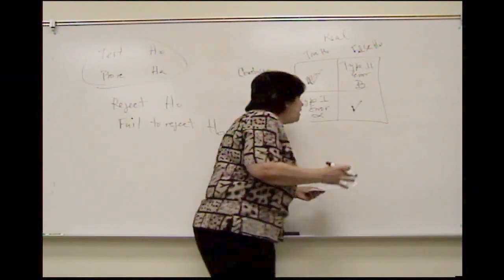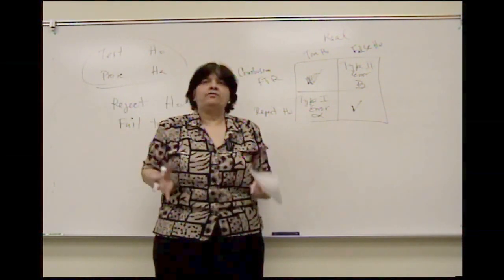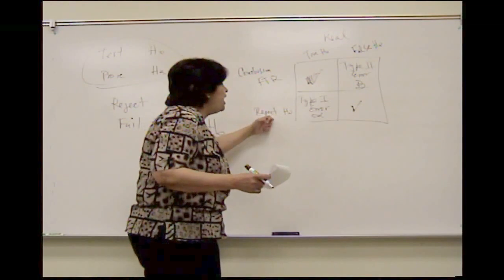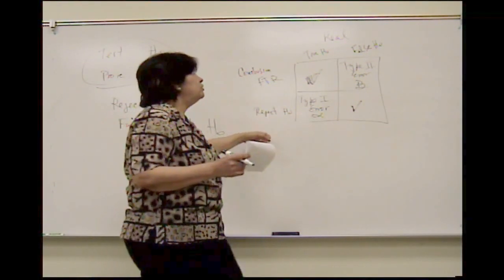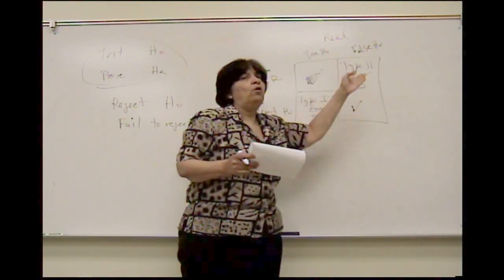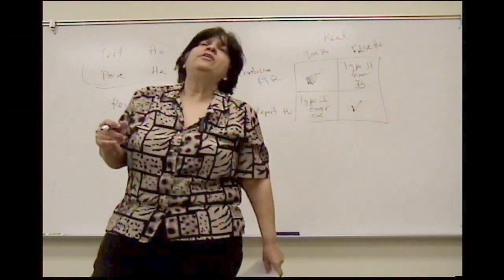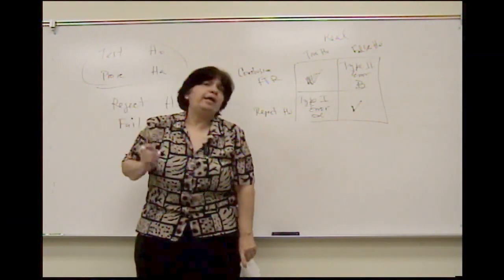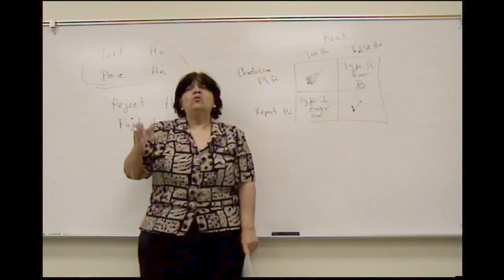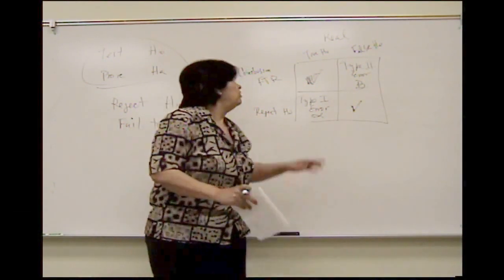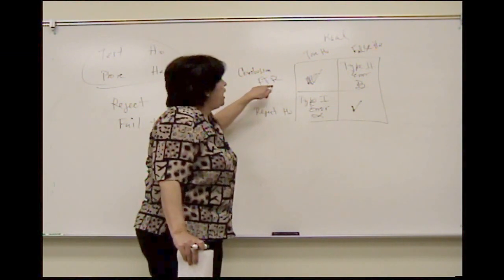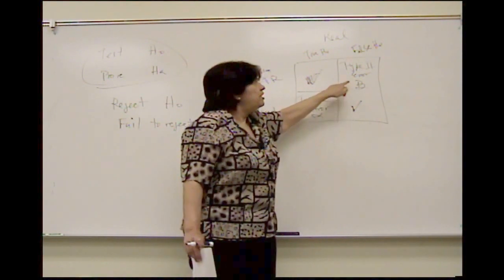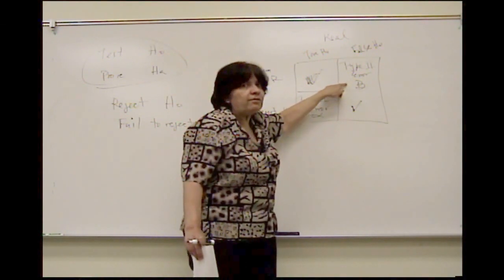Anyways, which error is the worst here? Is it alpha or is it beta? Is it worse to reject a true null hypothesis, or is it worse to fail to reject a false null hypothesis? And the answer to this, like in any question, is that it really depends on what we are testing. For example, if we fail to reject a lot of vaccines for our kids, this error is beta, and this is a catastrophic error in this case.